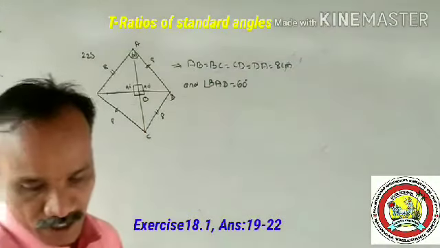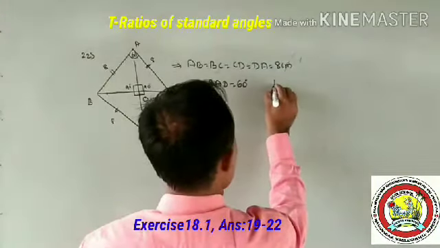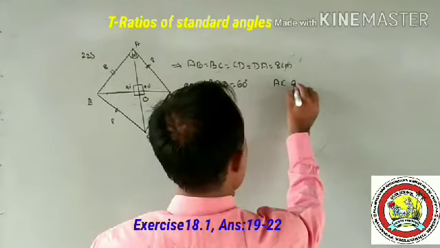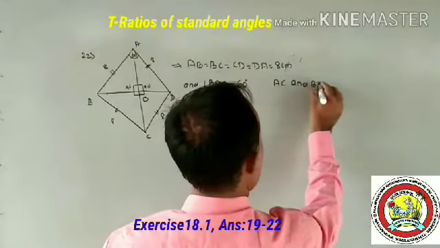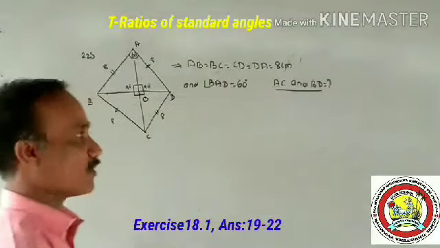The question is to find the length of the diagonals. So we should calculate the lengths of AC and BD. This is the given question.